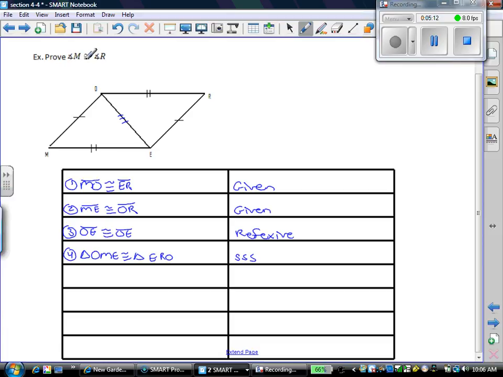Alright, we're trying to prove M congruent to R. M, R, so they are in the second position, so they are corresponding. And so since they're corresponding, we can use your CPCTC for corresponding parts of congruent triangles are congruent.